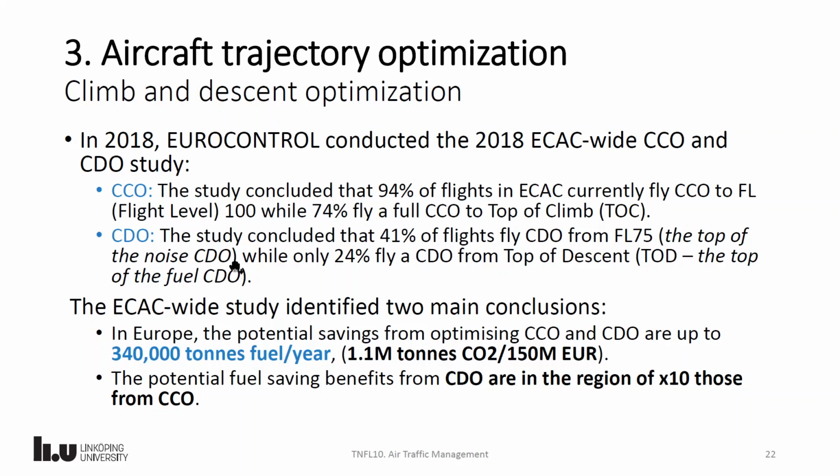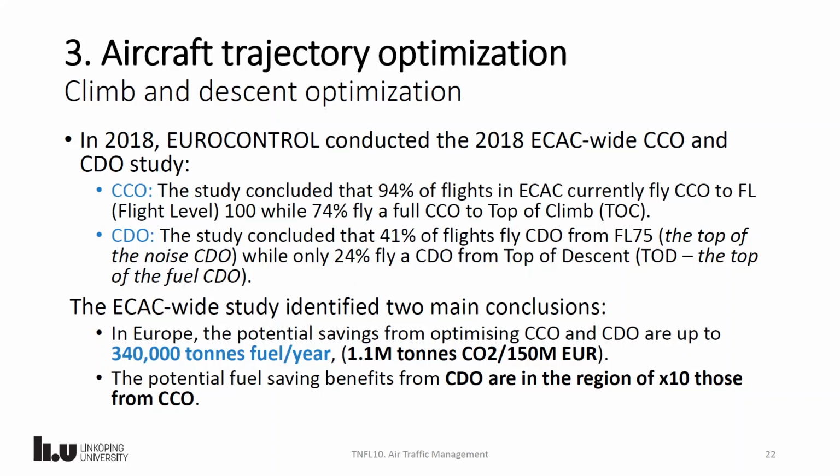And only 24% of the flights fly continuous descent operation from the actual top of descent, which they call the top of descent of the fuel. So they identify two tops, the lower one being the noise one. I assume that above flight level 75, the noise is not too disrupting to the population.